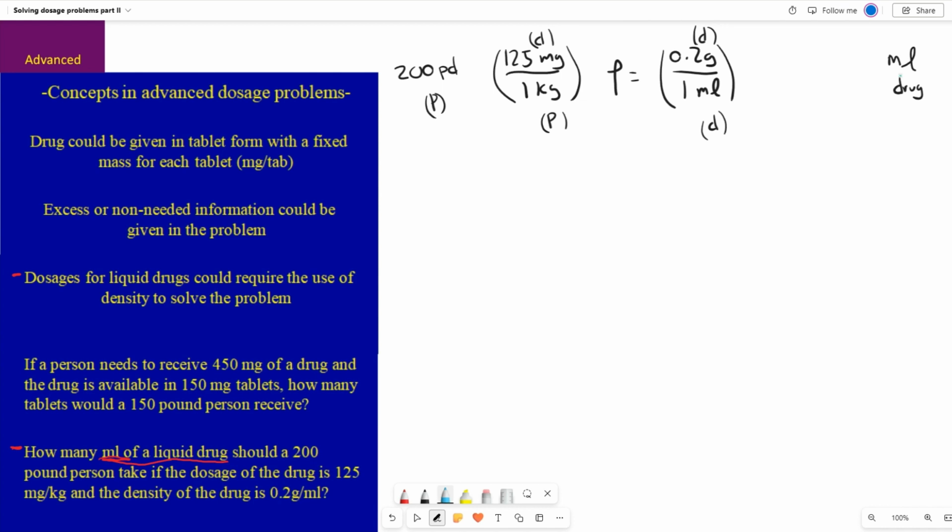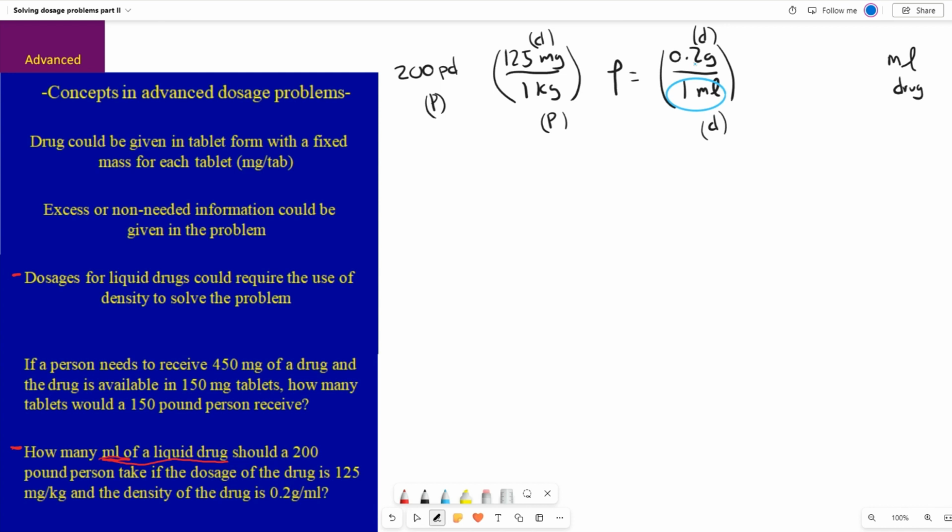So really what we want to do is have everything else cancel out except for this milliliters down here. Well, if we convert the person's mass from pounds into kilograms, then we can cancel out person's mass with person's mass. And then we'll have the mass of drug in milligrams. We have to convert that into grams. And then we can cancel out mass of drug in grams with mass of drug in grams, and we'll be left with our final answer.